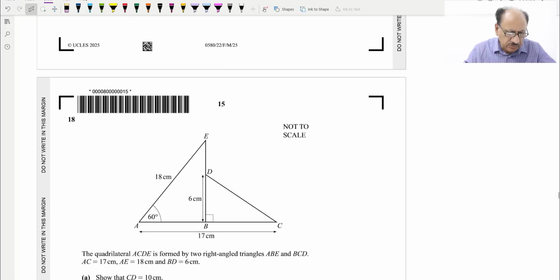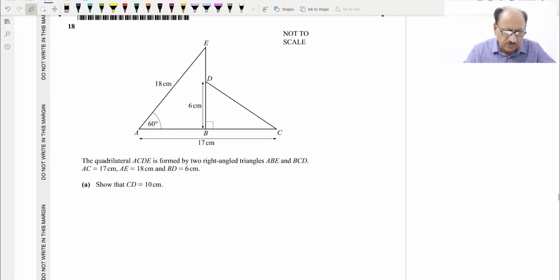Okay, so now question number 18, and question number 18 says that the diagram is not to scale. So the quadrilateral ACDE is formed by two right angle triangles ABE and BCD. ABE is basically this triangle, which we can understand.